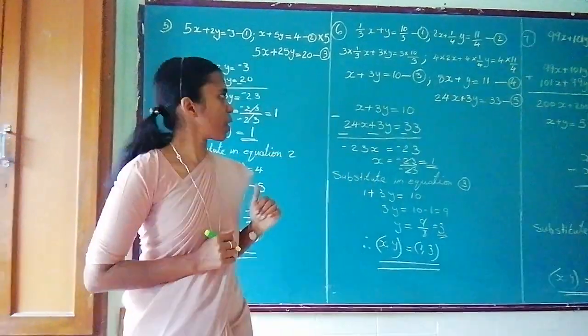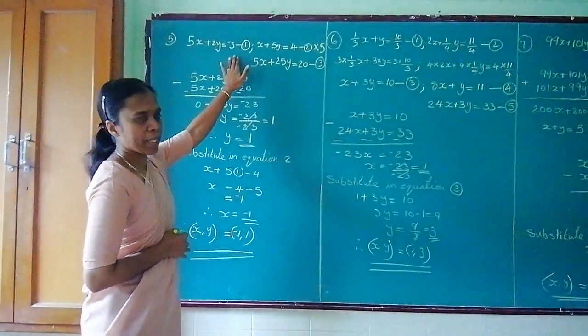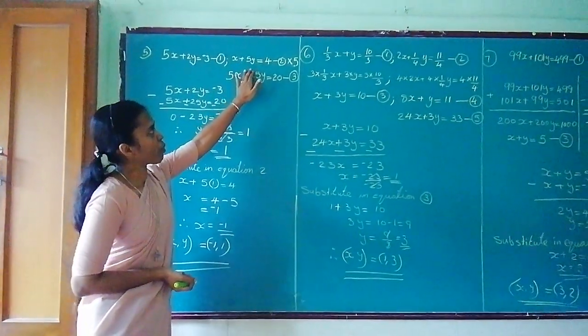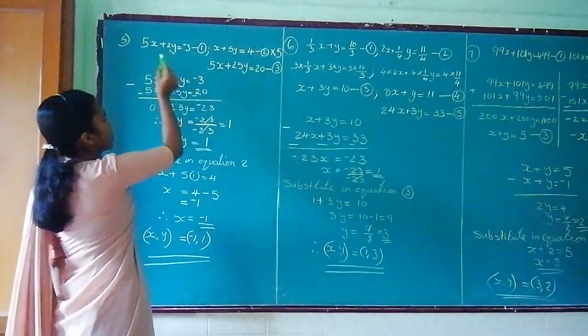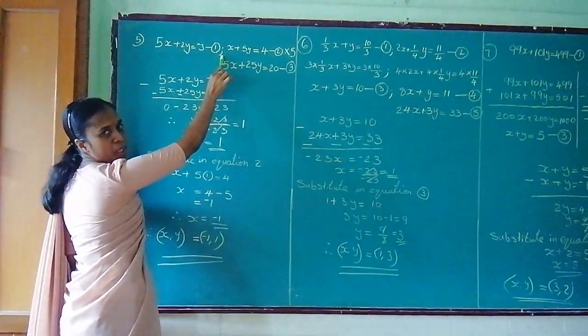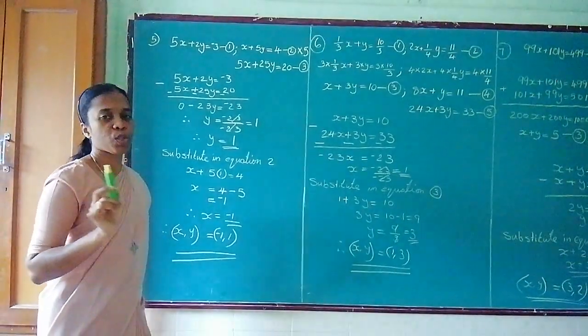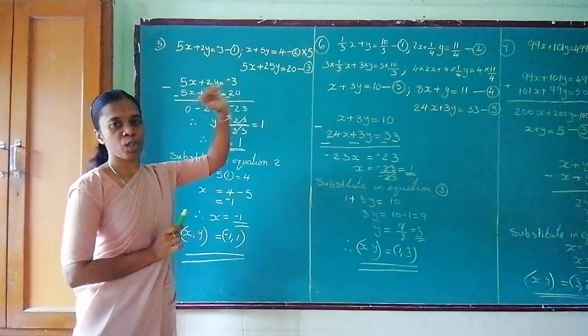The fifth question: we have 2x + 3y = -3, x + 5y = 4. Now, you can see the coefficient of y is 5, the coefficient of y is 1. So, which coefficient do you want to equate? The coefficient of x or the coefficient of y?